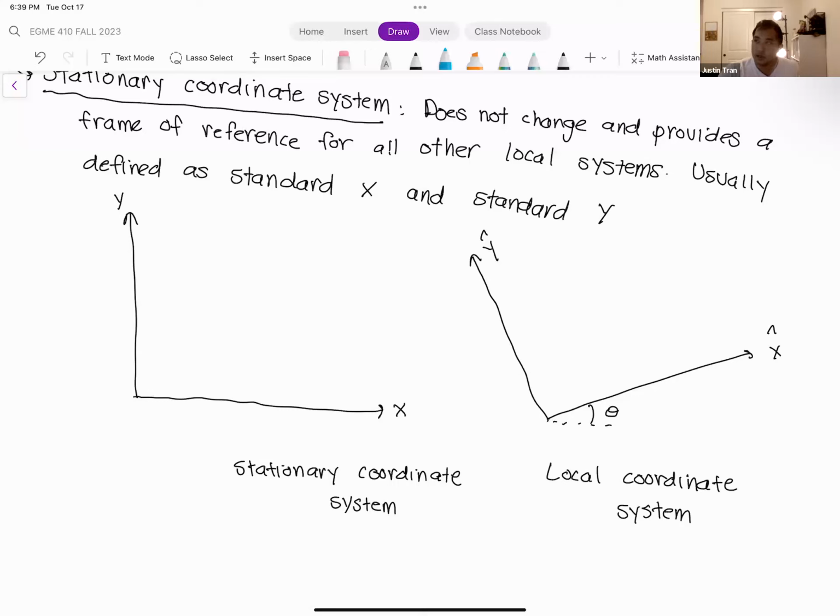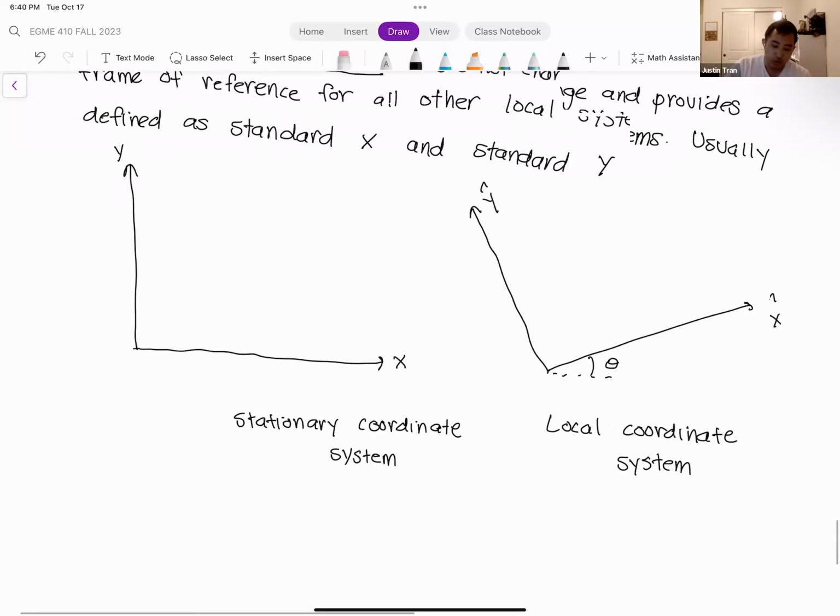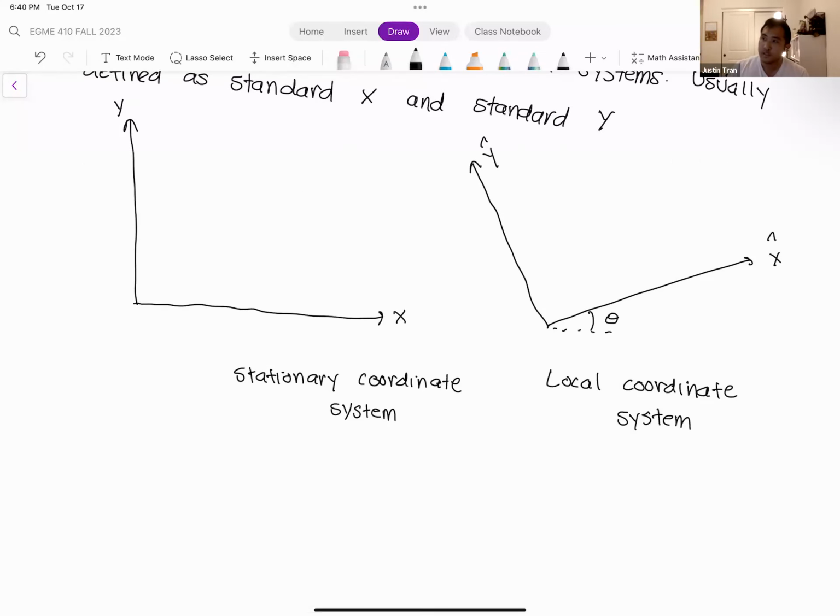But if we want to take that element and have it interact with another element that may be in a different orientation, we need to make sure that those two are meeting in the middle. In other words, we compute their element stiffness matrices not relative to their own local coordinate systems, but relative to the stationary coordinate system. To summarize, we want to compute all element stiffness matrices relative to the stationary coordinate system, so we can assemble them all together.